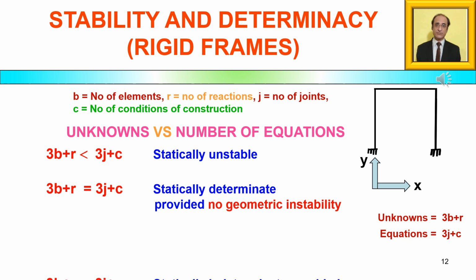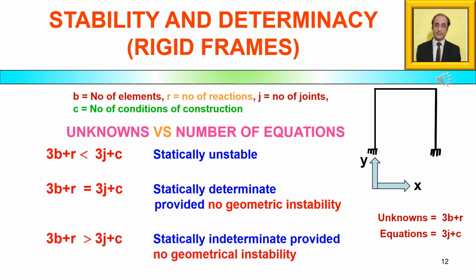Finally, if 3b plus r is greater than 3j plus c, the structure will be statically indeterminate provided there is no geometrical instability. Just like for the case of the truss, here also the equation for overall moment equilibrium about the z-axis is not independent, and it results from the 3j equations for the joints already considered.